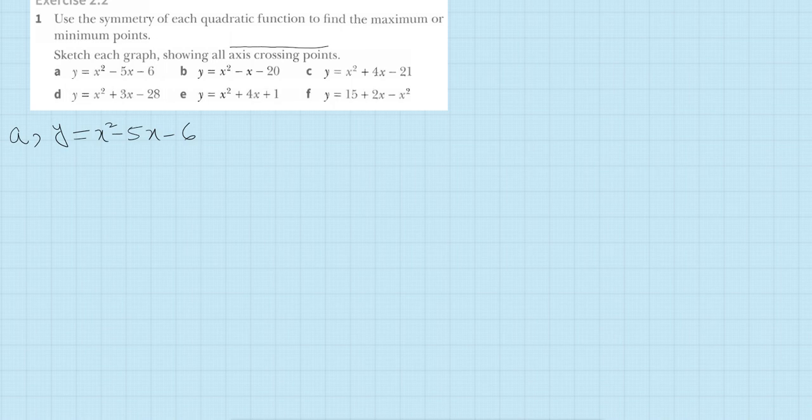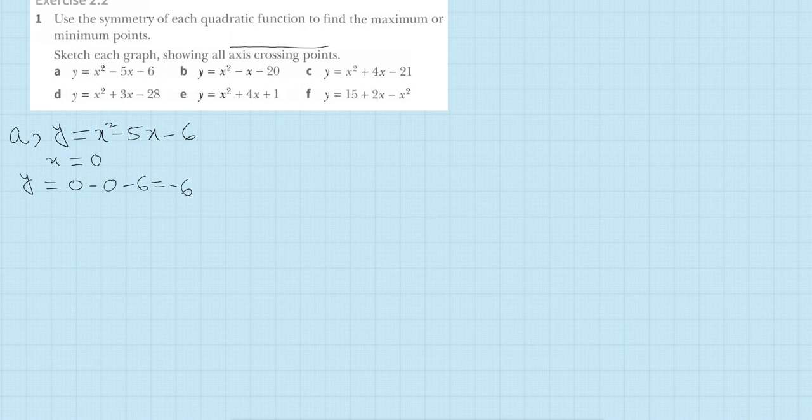First, put x equals 0. So y equals 0 square, which is 0, minus 5 into x, x is 0, therefore 5 into 0 is 0, and minus 6. So 0 minus 0 minus 6 is minus 6.